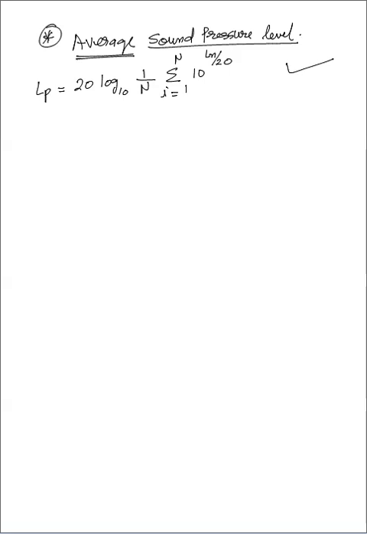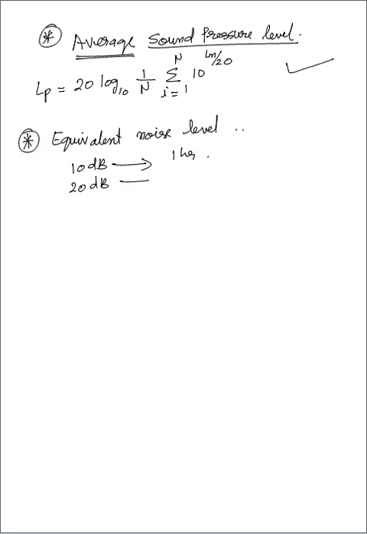Another important concept is equivalent noise level. Many times they ask questions like: 10 decibel noise is there for 1 hour, 20 decibel for 2 hours, 80 decibel noise for 5 hours, and we have to find the equivalent noise.